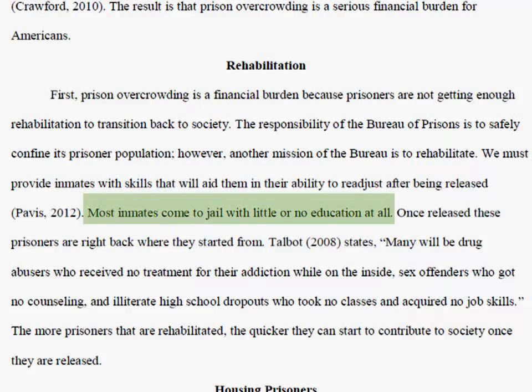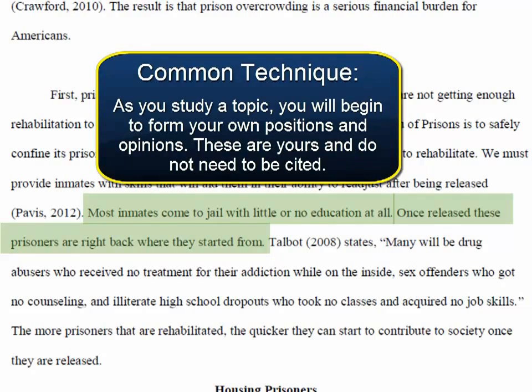Now, let's look at Jane's next two sentences. "Most inmates come to jail with little or no education at all. Once released, these prisoners are right back where they started from." Again, due to her research and thinking on the topic, Jane has formed some specific opinions.